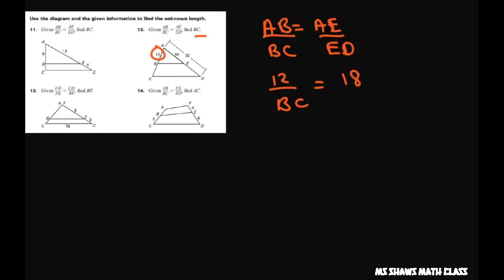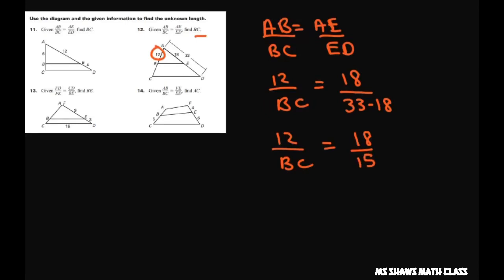And ED is going to be 33 minus 18. So simplifying that, we have 12 divided by BC equals 18 divided by 33 minus 18, which is 15.